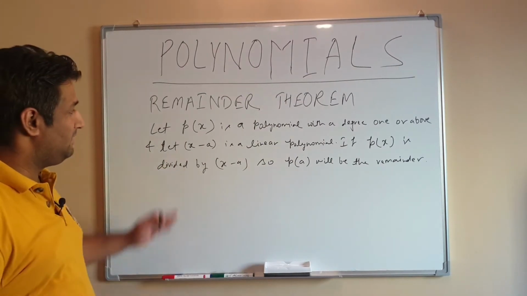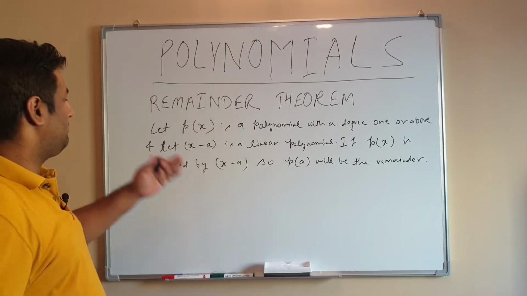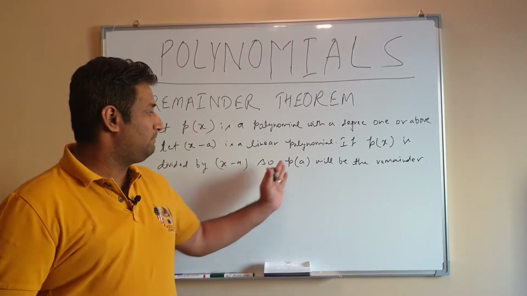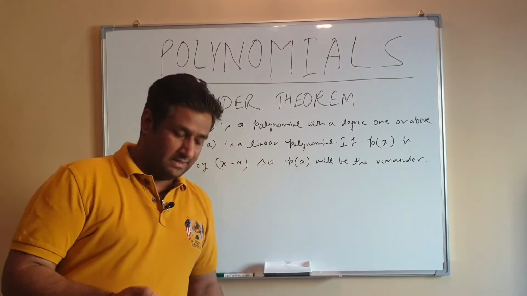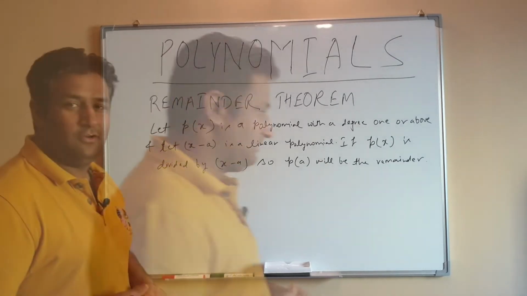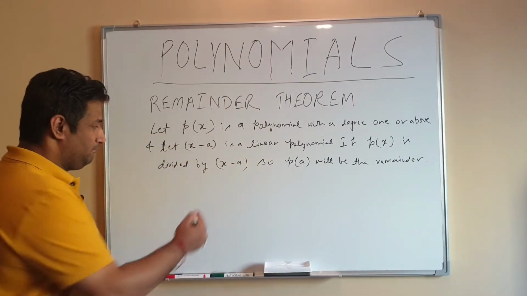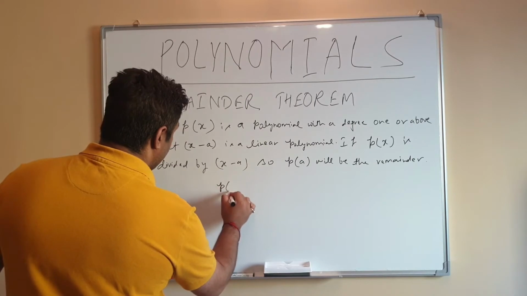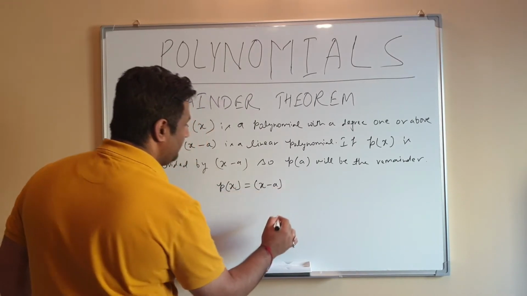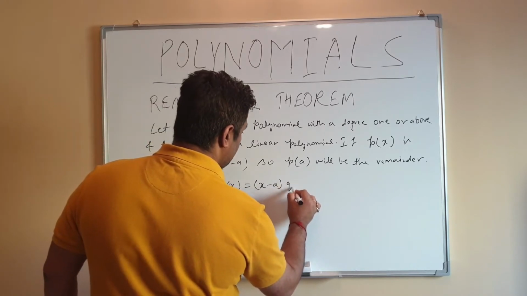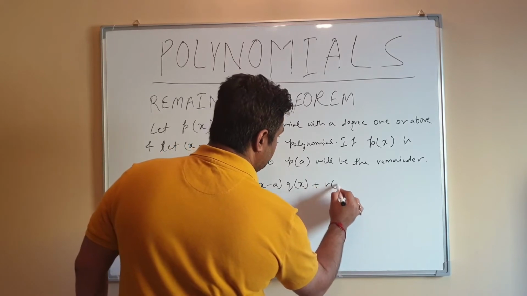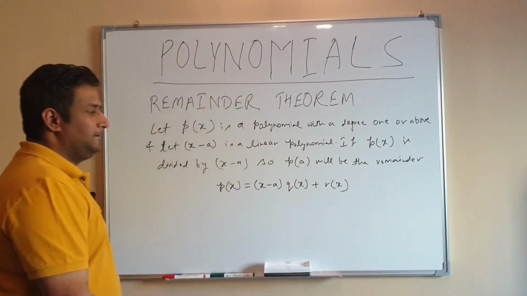Let P(x) be a polynomial with a degree 1 or above, and let x minus a be a linear polynomial. If P(x) is divided by x minus a, then P(a) will be the remainder of that polynomial P(x). So how do we write it mathematically? P(x) will be equal to (x minus a) times q(x) plus r(x), right?